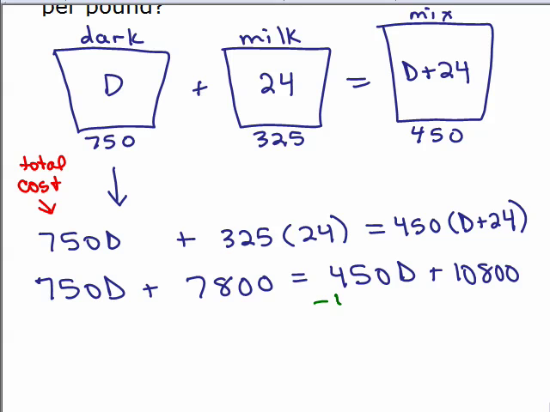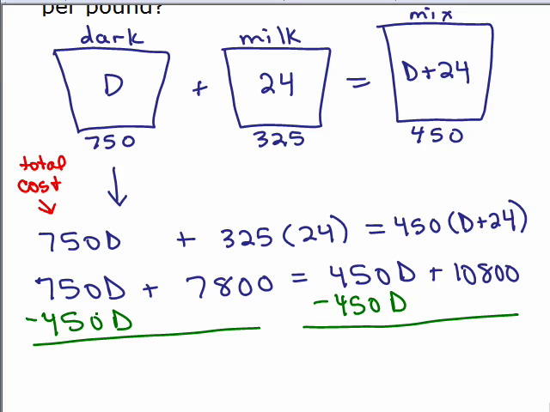Let's subtract 450D from both sides. And if the variable's on the left, I need to also subtract 7,800 from both sides. What do I have over here? 300D equals 3,000.